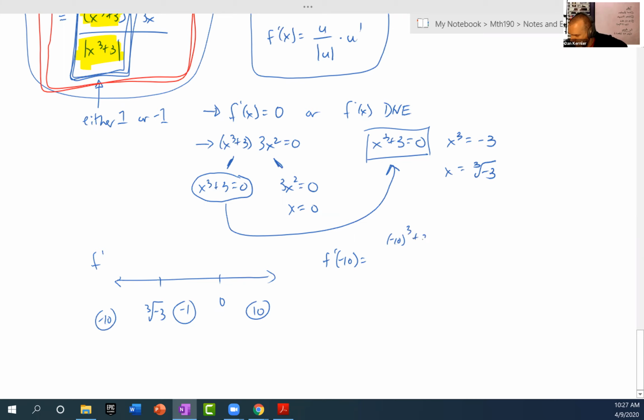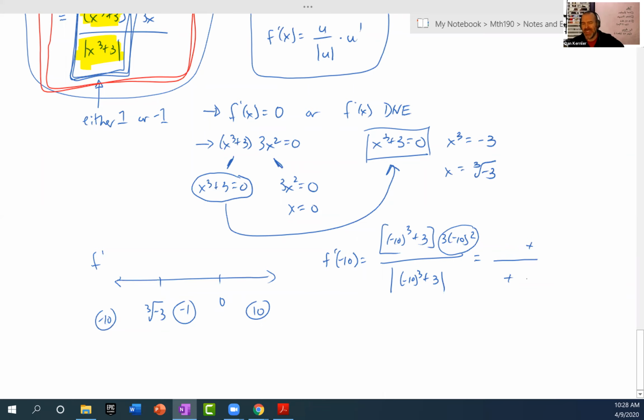-10 cubed plus 3 times 3 times -10 squared over the absolute value of -10 cubed plus 3. Well, the 3 times -10 squared is always positive. The denominator is always positive because it's an absolute value.